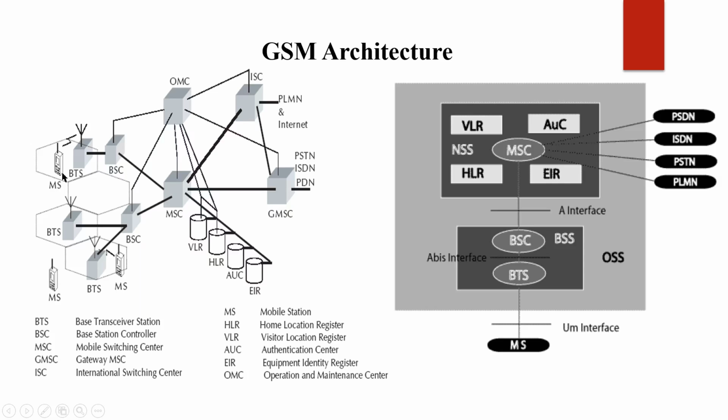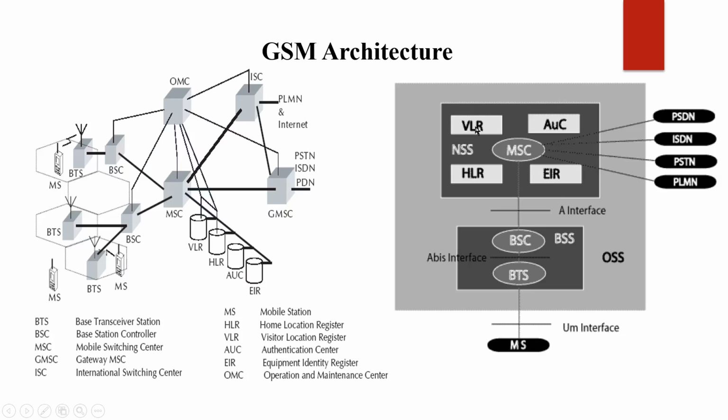You can consider it as just specifying the mobile station, BTS, BSC. The number of mobile stations are connected to BTS, BTSs are connected to BSC, BSCs are connected to MSC, and MSCs are connected with all these necessary things which are responsible for maintaining and providing the number of resources or services to your mobile station. Okay, so you can draw this diagram also.